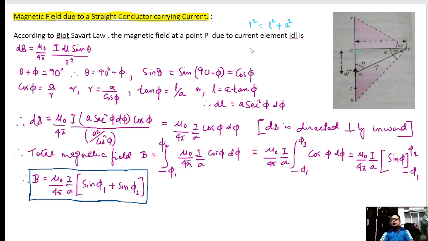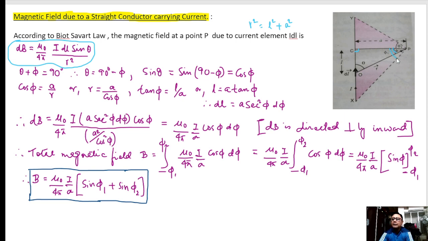Due to the current element DL carrying current I, the magnetic field at P is given by this formula according to Biot Savart law. We have already done that. Now please watch here, this angle is phi.